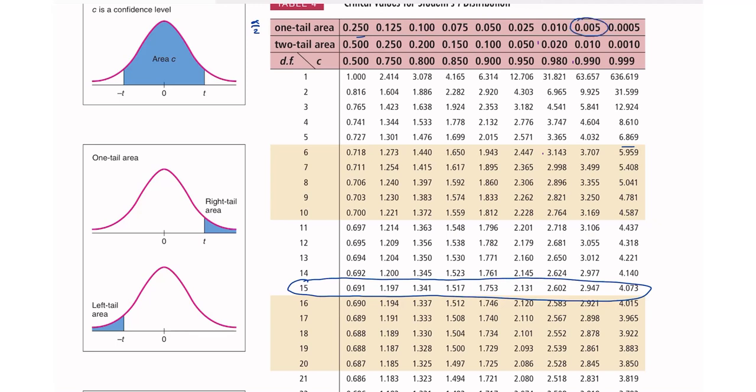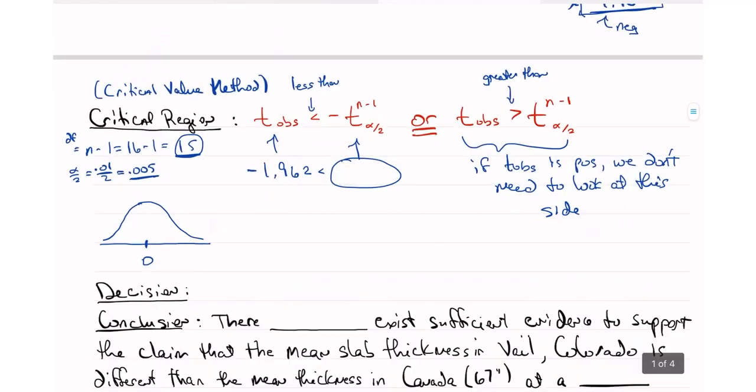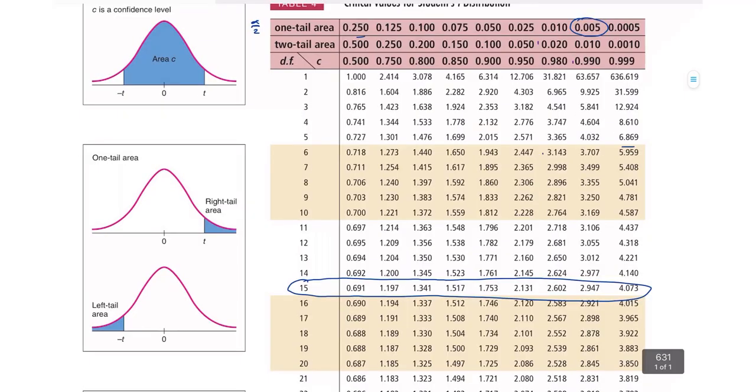All right. So I need to find 0.005. Here it is, 0.005. Okay? Because that's what I found here, 0.005. And I need 15 degrees of freedom. And I've got that highlighted here. So I need to come down this row, and I need this number right here. So this is my n minus 1, the degrees of freedom.